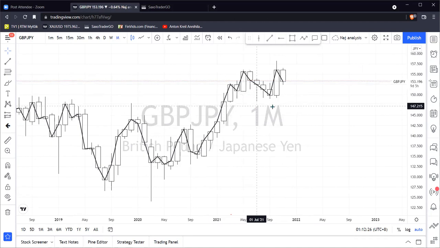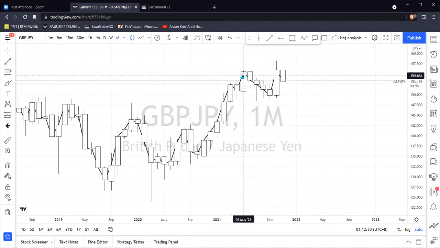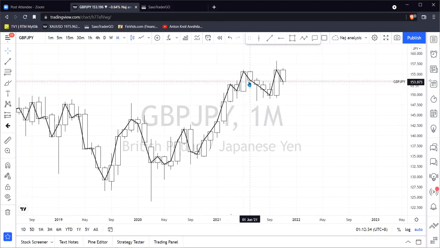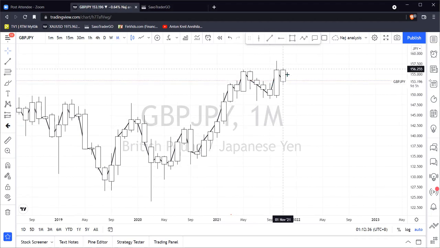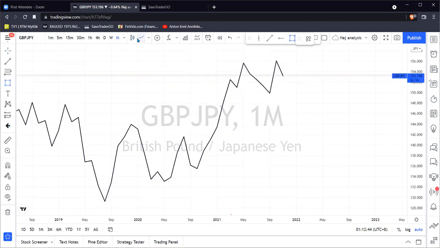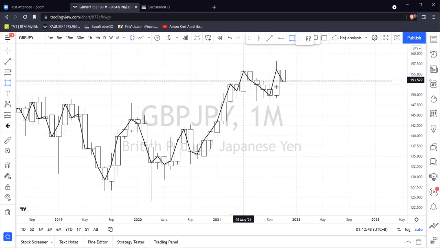I use MA1 just to see the closing candle and also the candlestick, just to identify the zones. But if you really just trade on a line chart, you can just use a line chart. Because this is my trading style, I'm going to use this MA1 and candle.